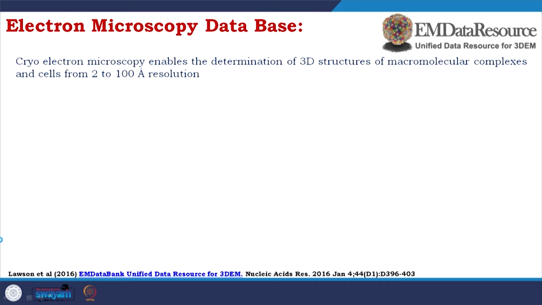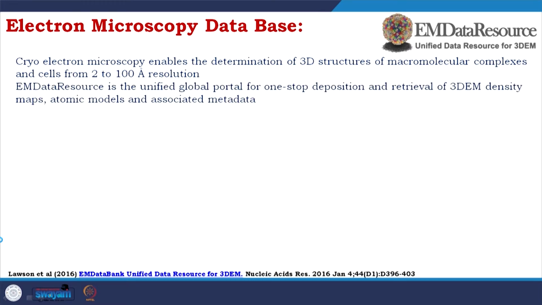Cryo-electron microscopy enables the determination of the 3D structure of macromolecular complexes, cells and biological organelles from 2 to 100 angstrom resolution. We have talked about them in detail. EM Data Resource is the unified global portal for one-step deposition and retrieval of 3D electron microscopy density maps, atomic models and associated metadata.